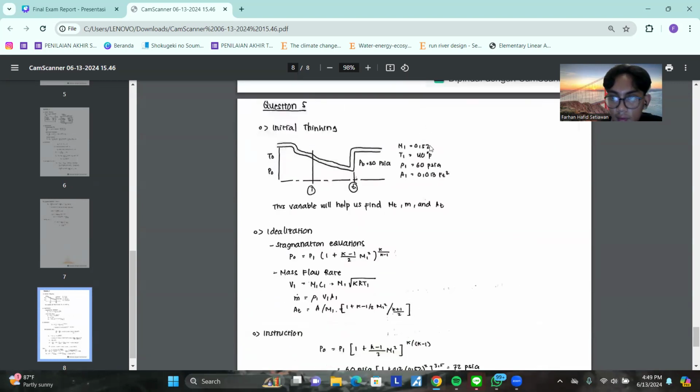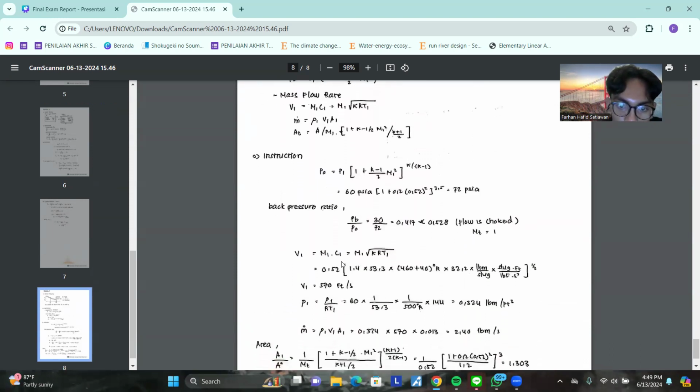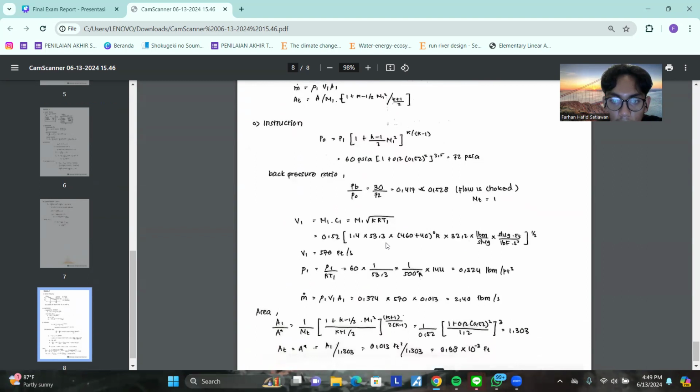We get M1 from the parameters before, and M1 times C1 equals M1 times the square root of k times R times T1, which is 0.55 times the square root of 1.4 times 53.3 times (460 + 40), converted to Rankine, times 32.2. The answer is 570 feet per second.